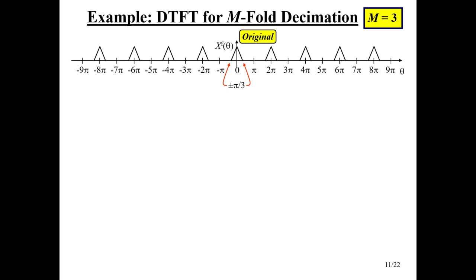And I'm showing a case where the upper edge is at pi over 3. So if we think through our sampling theorem, that's telling us that this signal was actually sampled 3 times faster than it needed to be. If it was critically sampled, we would see something that fills the minus pi to pi, and this would also come down here.